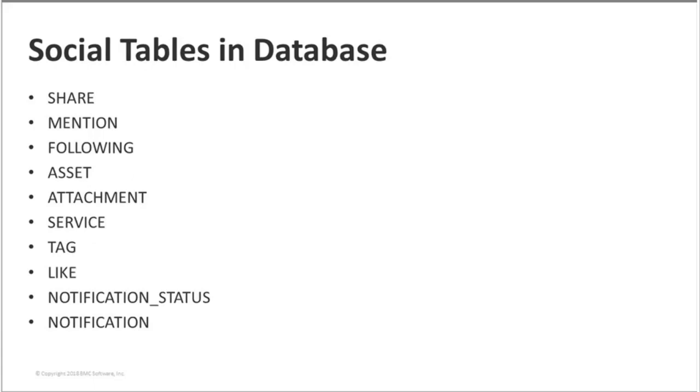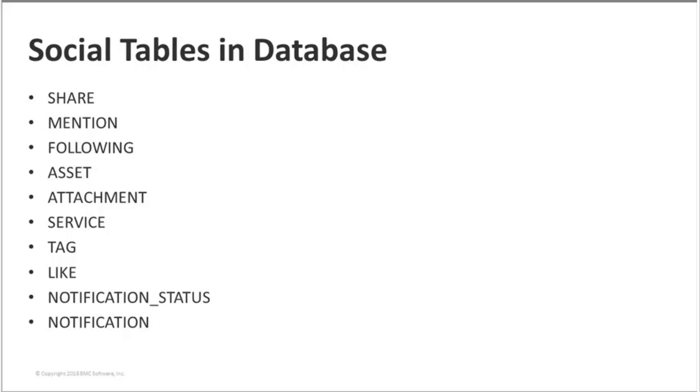So now let's talk about the new tables that we have added into the database to move this data from Mongo to the database. These are the new tables that we have introduced in 1805. Some of them are actually existing, which we enhanced by adding additional constraints and additional fields or columns, which is why you will still see some of the existing ones here, such as asset.